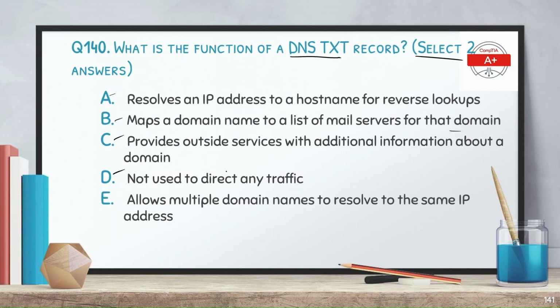Option D is not used to direct any traffic. And option E is allows multiple domain names to resolve to the same IP address. And the correct answers are that it provides outside services with additional information about a domain, and it is not used to direct any traffic.